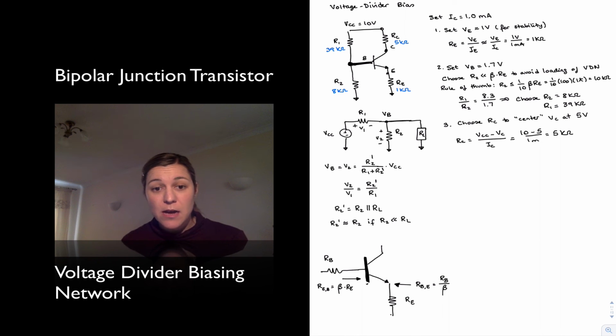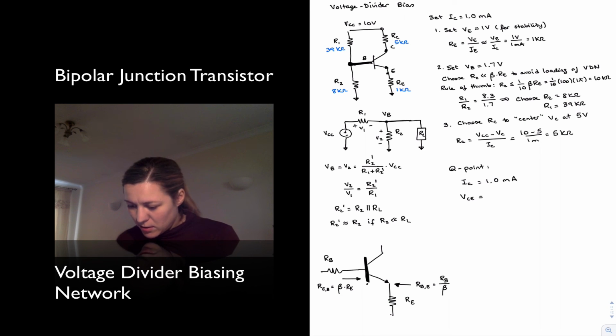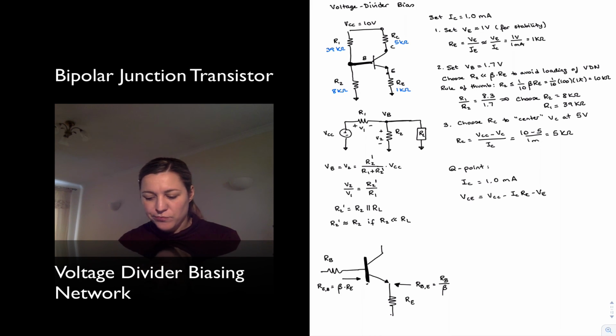So we've now designed our voltage divider biasing network for an IC of 1 milliamp, and our VCE, we don't know what it is just yet, we can calculate it. So the key point will be an IC of 1 milliamp, and VCE equal to VCC minus ICRC minus VE.